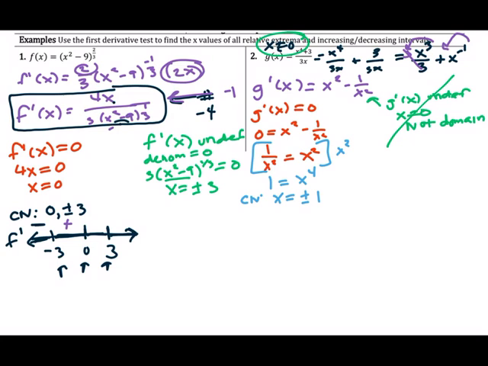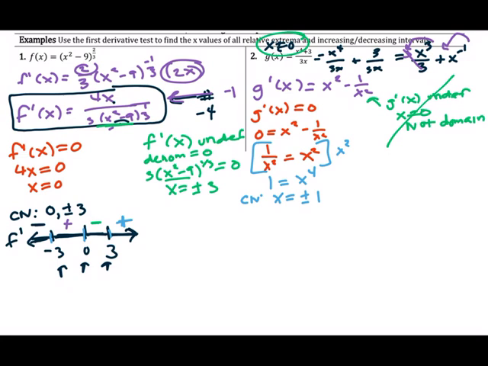If I plug in something between 0 and 3, like 1, the top is positive, the bottom is negative, so this is negative. If I plug in something bigger than 3, like 4, the top is going to be positive, the bottom is going to be positive, so overall the whole fraction is positive. So I'm not showing work, I'm mentally plugging in numbers in each of these little intervals so I can see the behavior of the derivative.